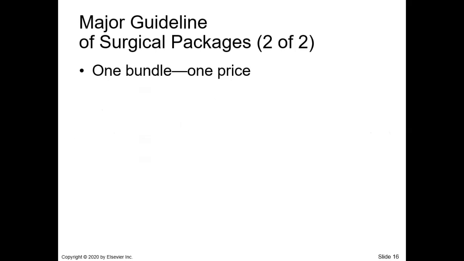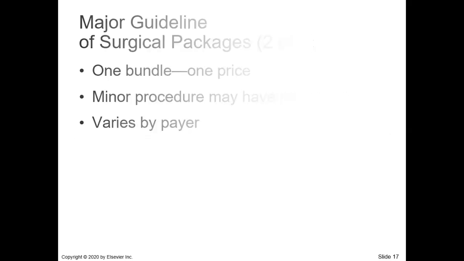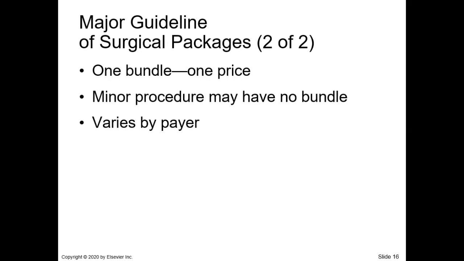So we're going to talk a little bit more about major guidelines of the surgical package. One bundle, one price. So we were just talking about that delivery, everything that she paid for that delivery is bundled into what she would have post-op to do with giving birth in that 6-week period.